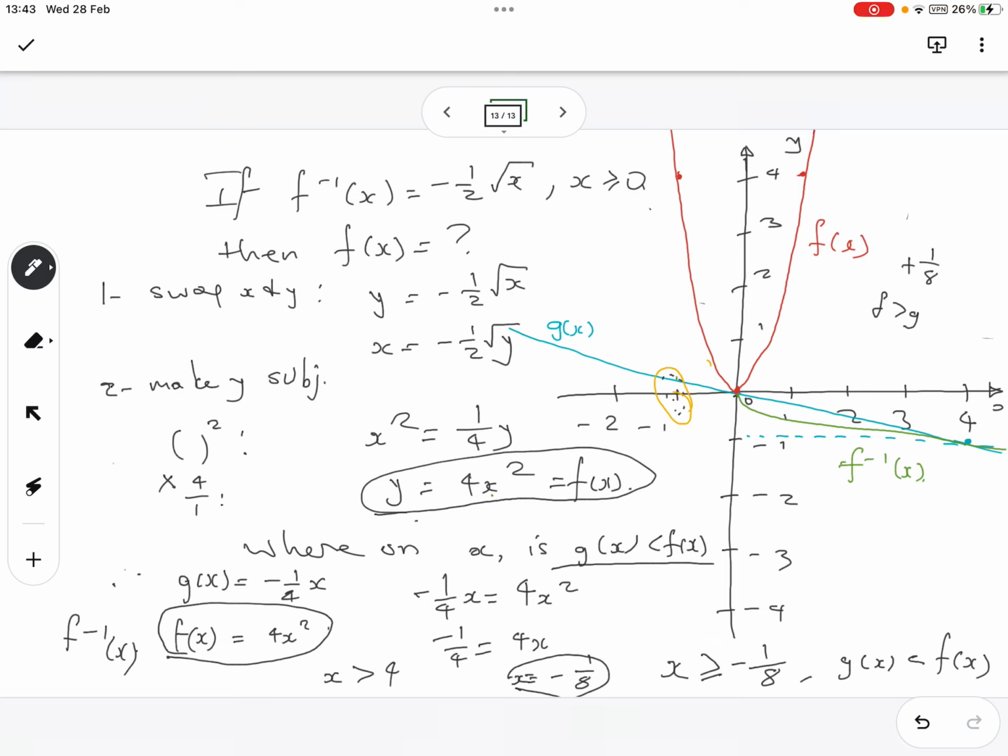Let's go back. Alright, then we also have to find the coordinates of the points of intersection of g and f of... is it f of x or just f?